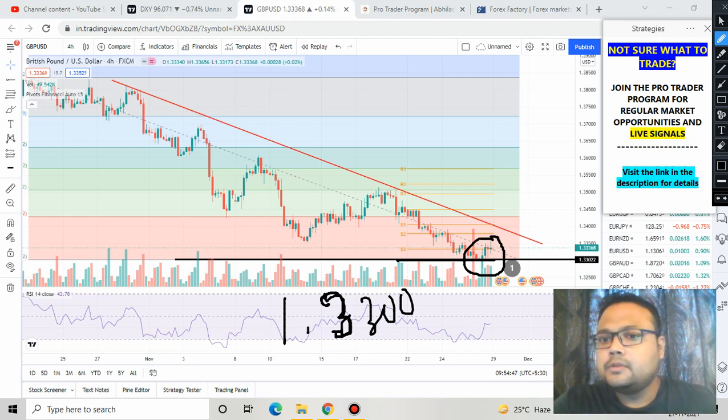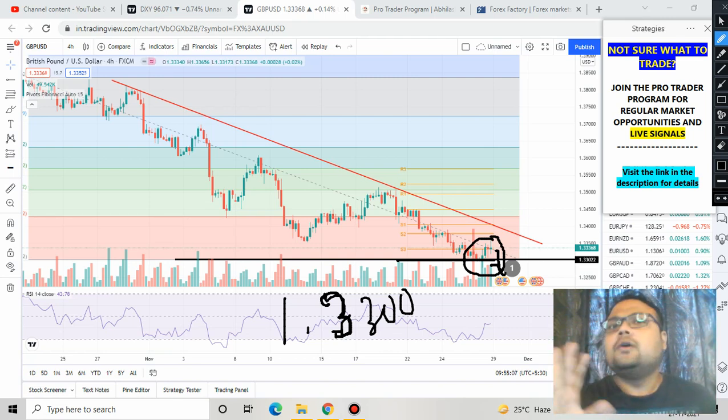But for GBP USD breaking the level and going down, we need a good recovery on US dollar. So when you take a sell position on GBP USD, just make sure that dollar is bullish, dollar is going up from a good support. Then only take a sell position, because that is your additional confirmation.